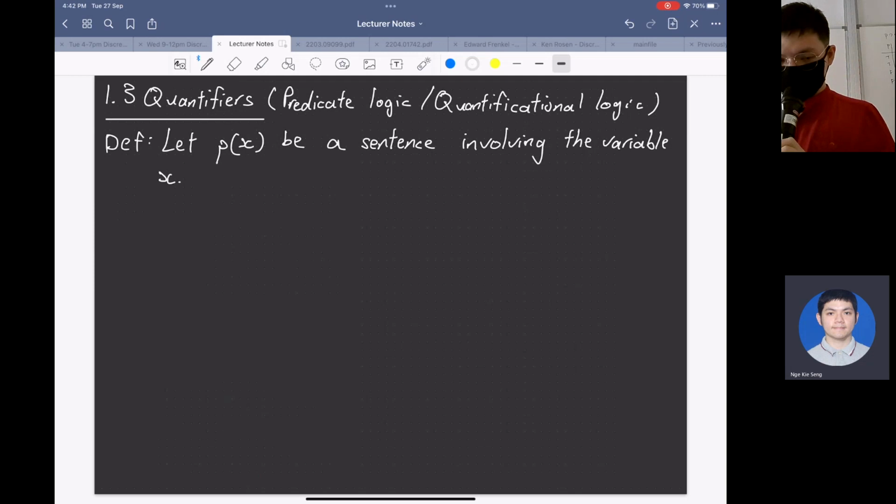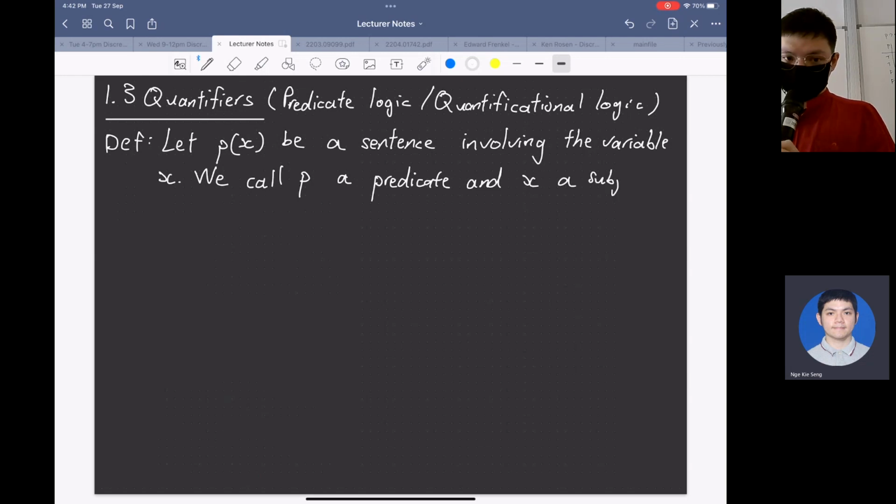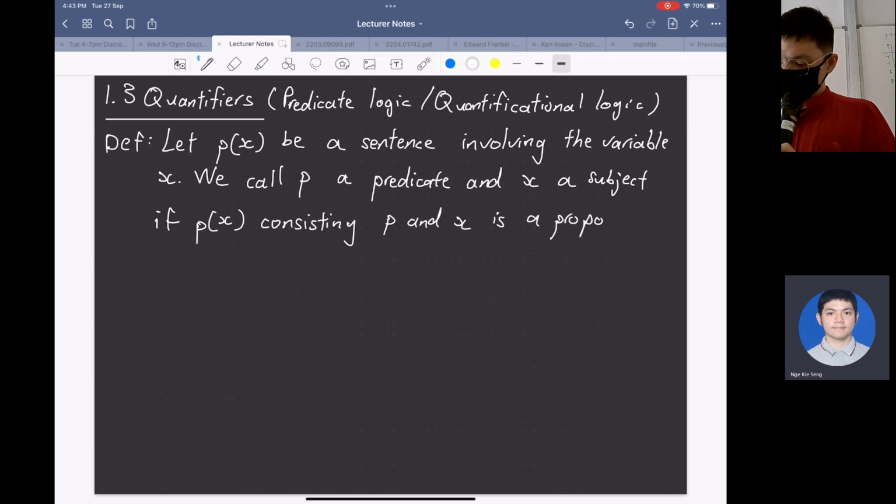We will call P itself a predicate and x a subject. P(x), containing these two, P and x, is a proposition, but it's not a proposition when x is not specified. So we have to specify x as well.